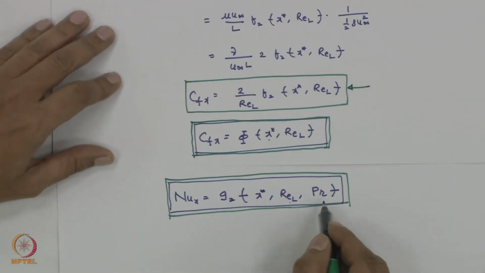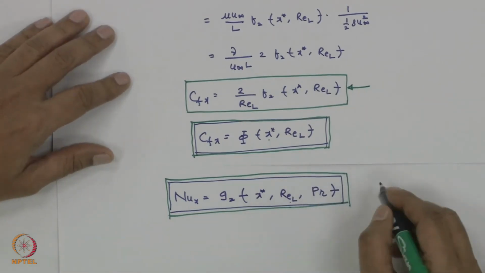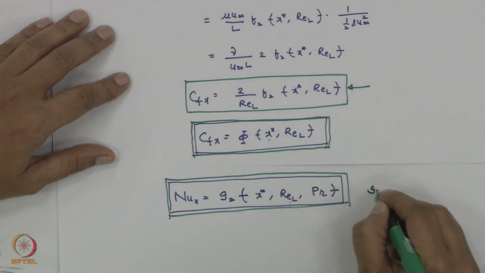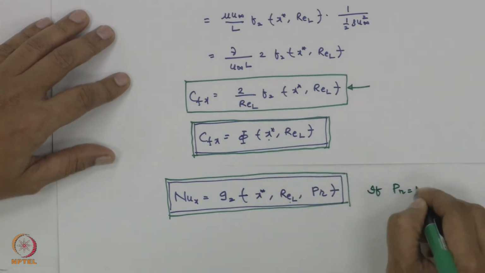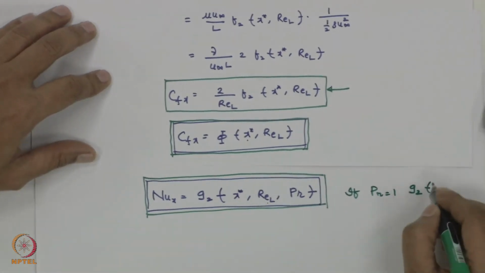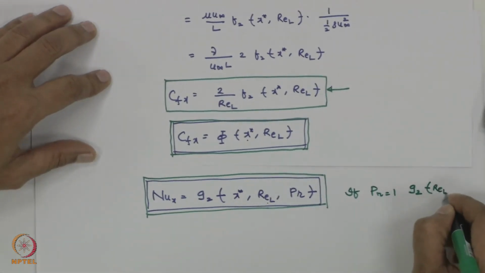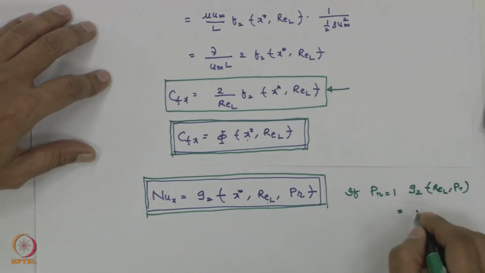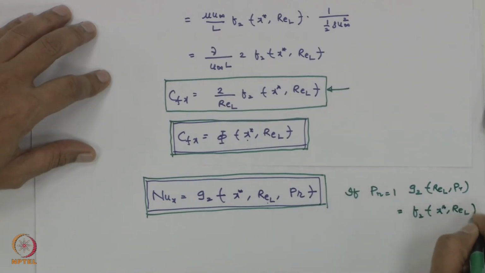Now, Pr equal to 1 means that g2 of x star, ReL, Pr would be equal to f2 of x star, ReL.